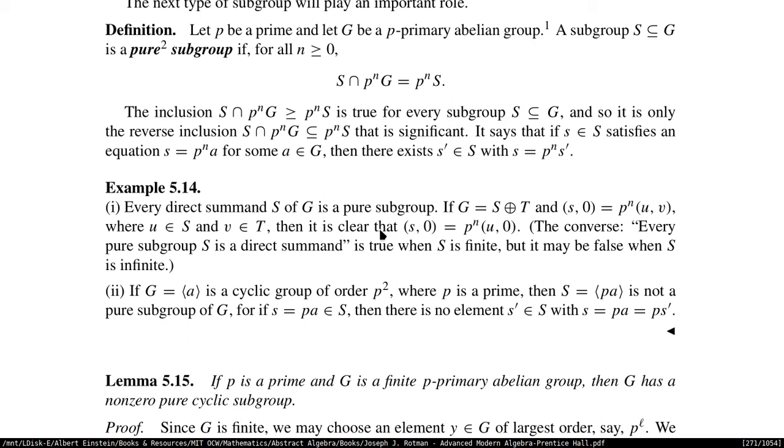So if G can be written as the direct sum of S and T, and an element s in S equals p to the n times (u, v), where u is from S and v is from T.